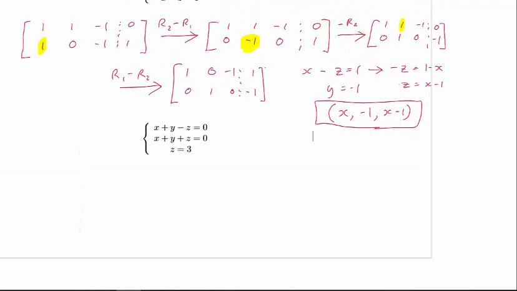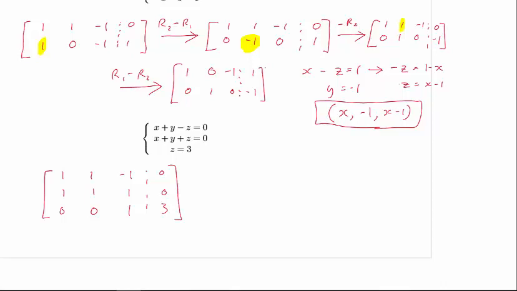So let's write our augmented matrix. 1, 1, negative 1, 1, 1, 1, and then of course z is 3, and then we have zeros up there.